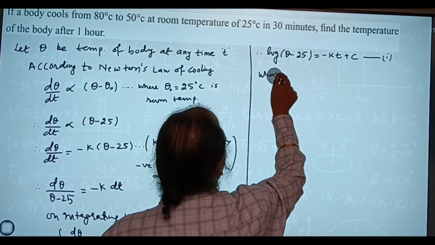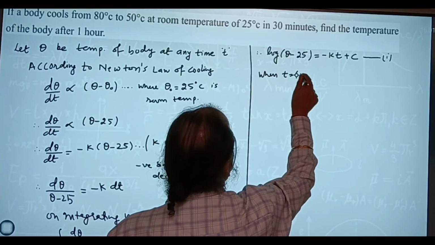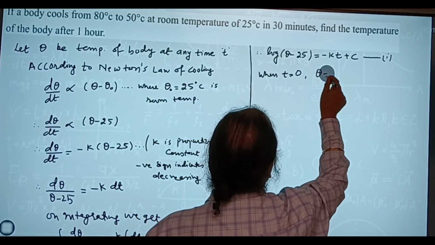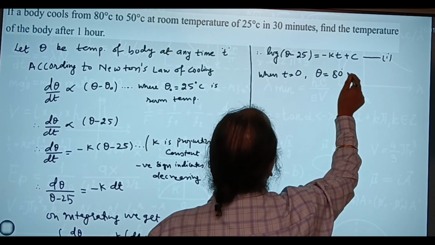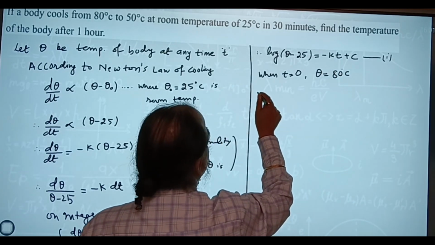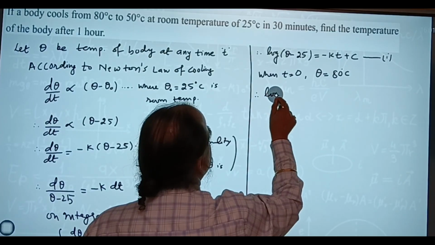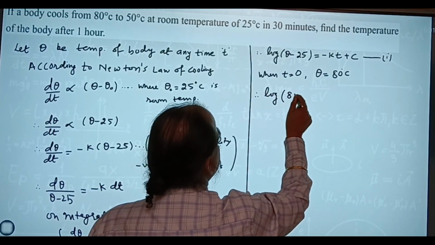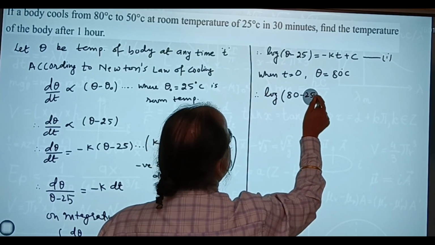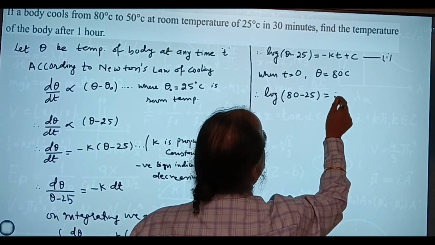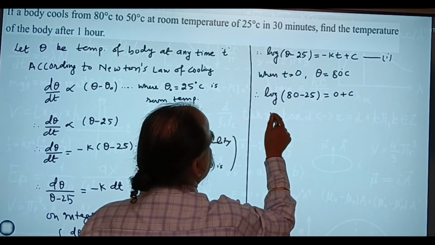When time is 0, theta is what? 80 degree Celsius. So log of 80 minus 25. So c is what?